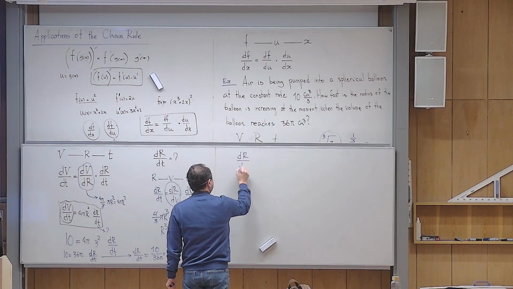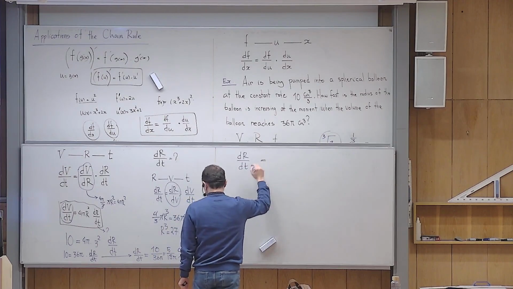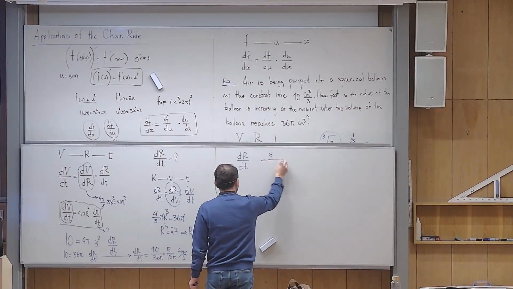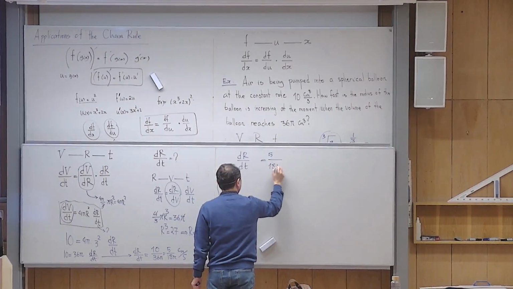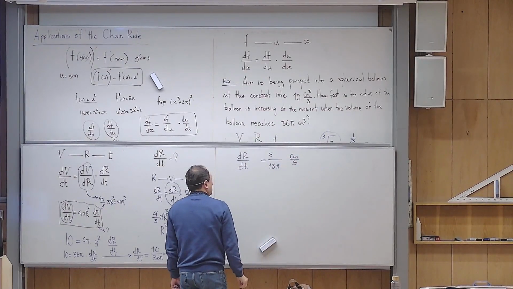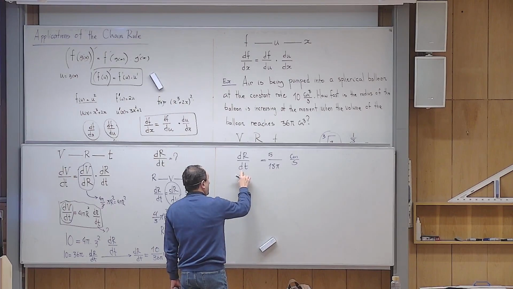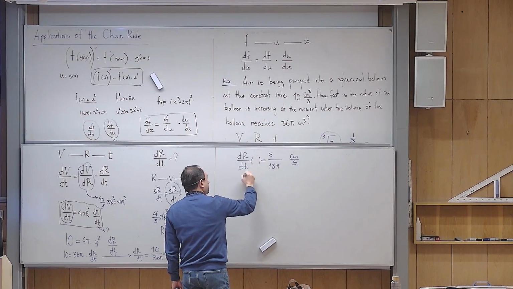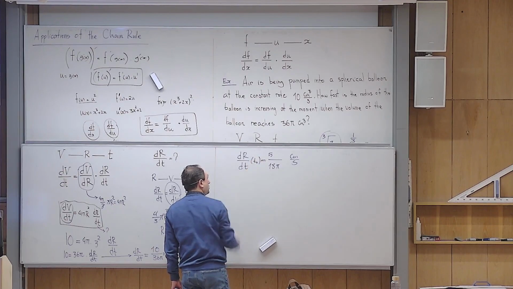dr/dt is equal to 5 over 18 pi centimeters per second. But to be really rigorous, if I write this, the interpretation is that the rate of r is constant. I want you to understand that the correct thing to write is t naught here.